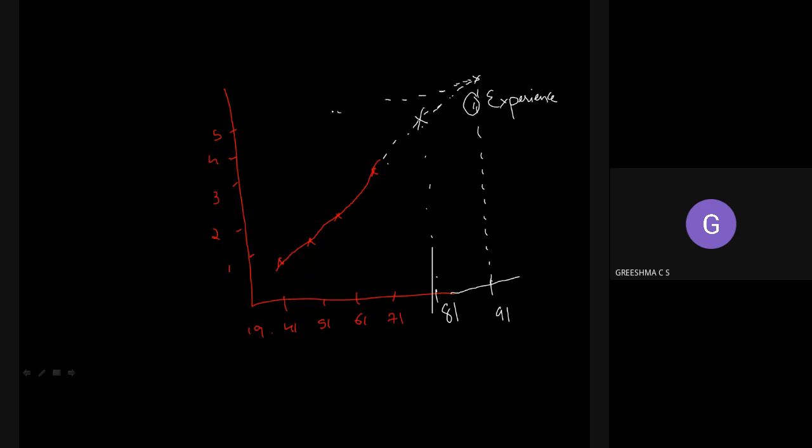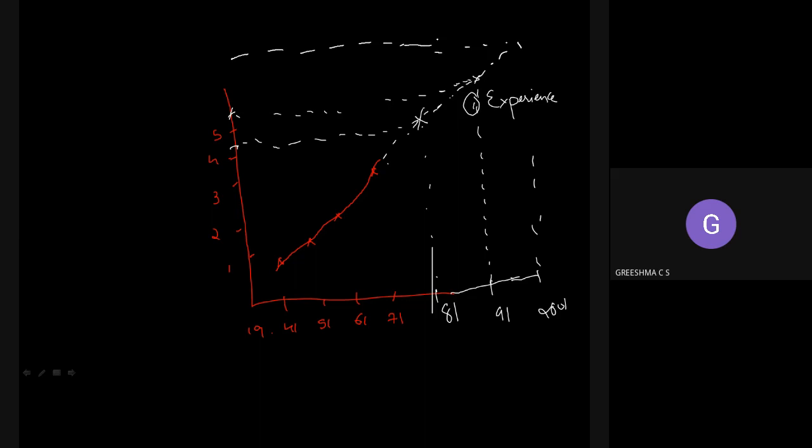Similarly for the year 2001, just extend the graph the same way. You can interpolate it and find out the population.